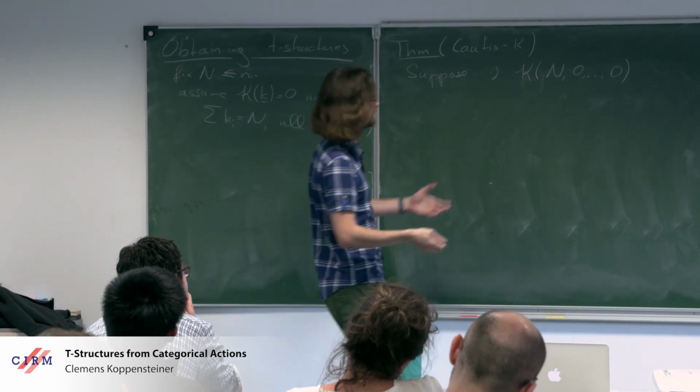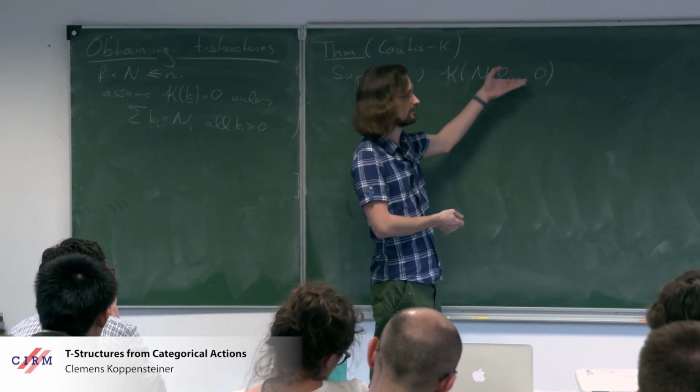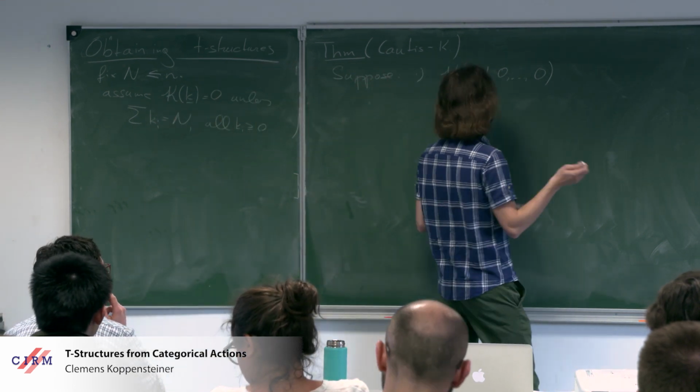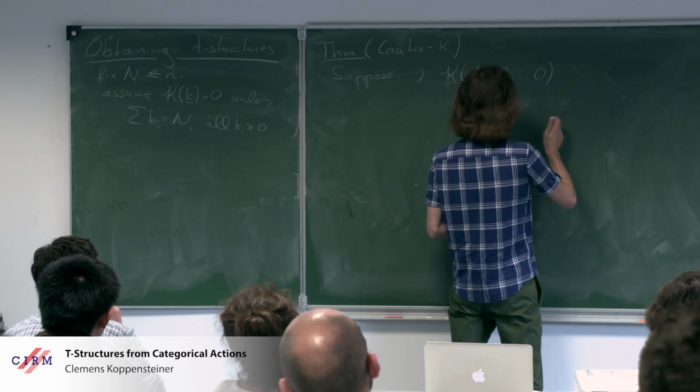So this was just, say, the actual Lie group instead of some crazy Grothendieck-Springer resolution. So just an affine space, so that's much easier. So assume we have a T structure on here.